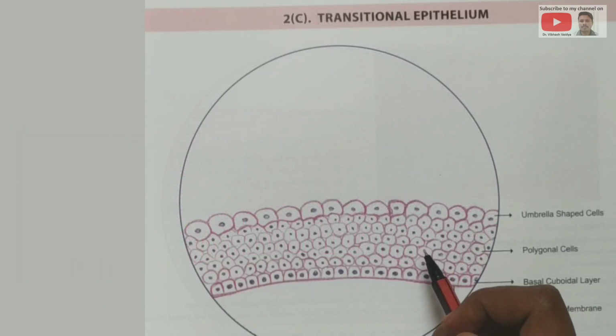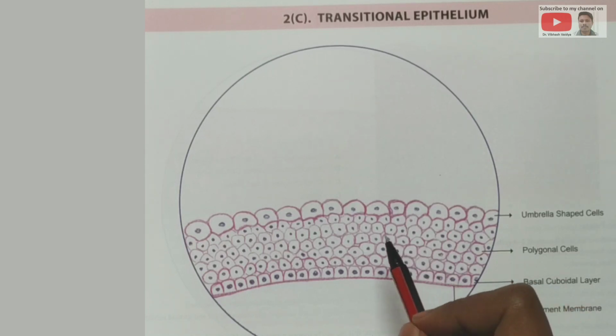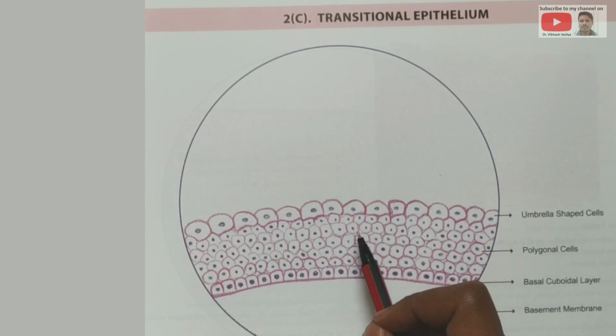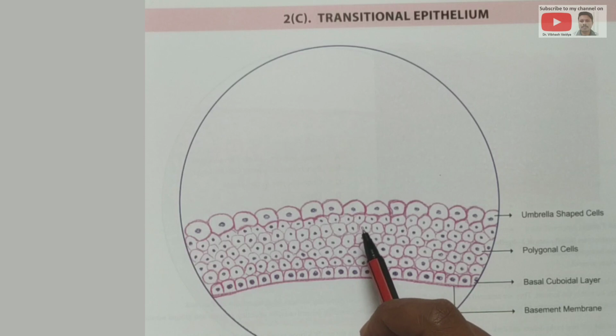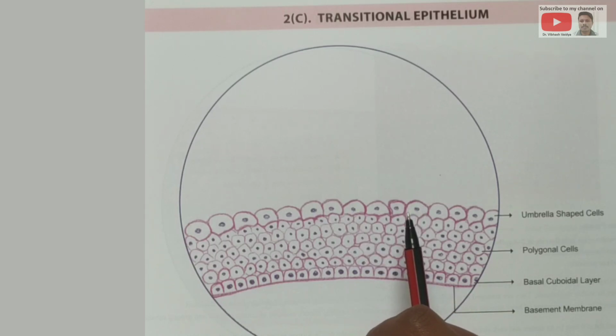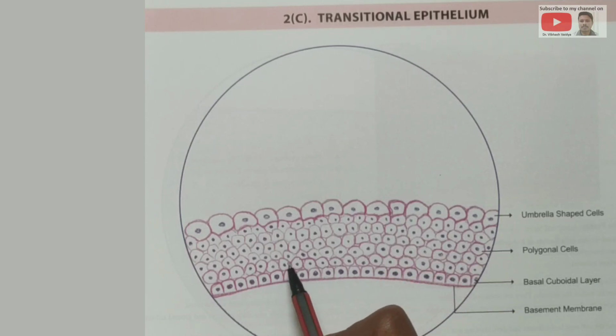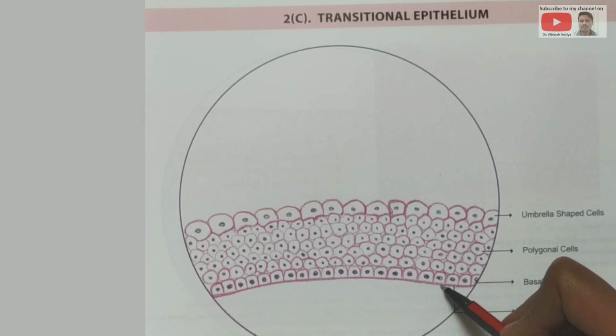Now the transitional epithelium. As the name indicates, transitional epithelium has the capacity to stretch. This transitional epithelium has 5 to 6 layers. You can appreciate this is the basement membrane, and from the basement membrane it has 5 or 6 layers.